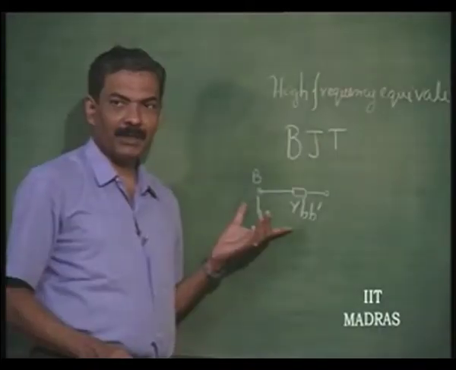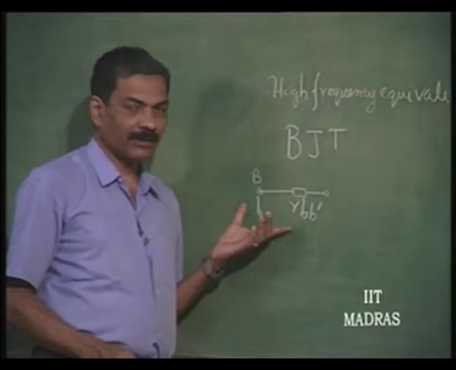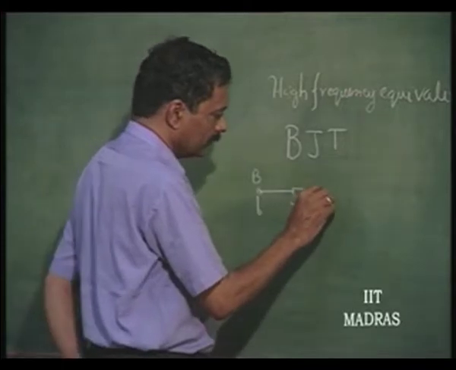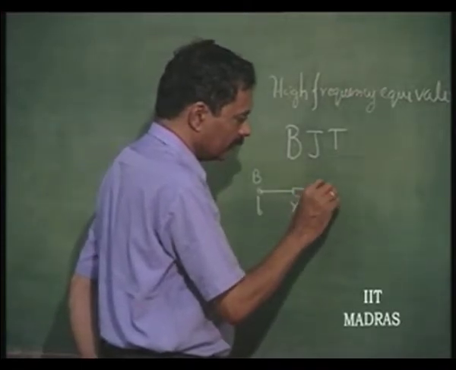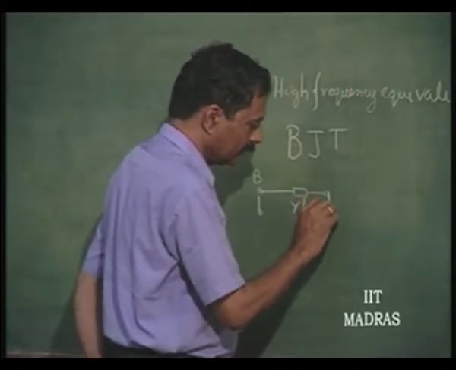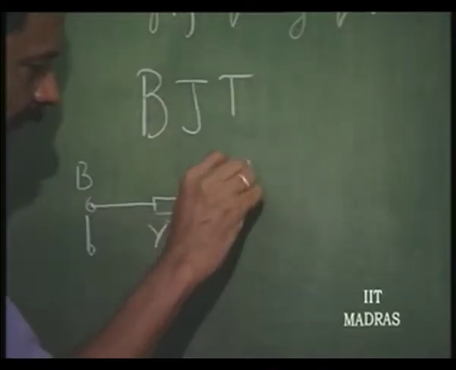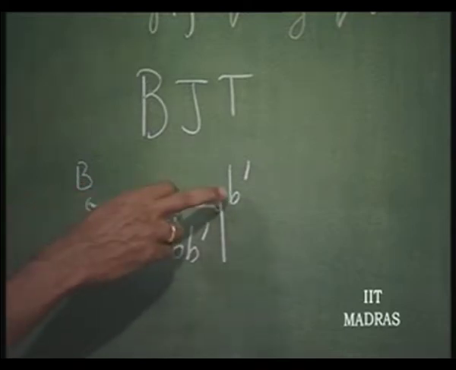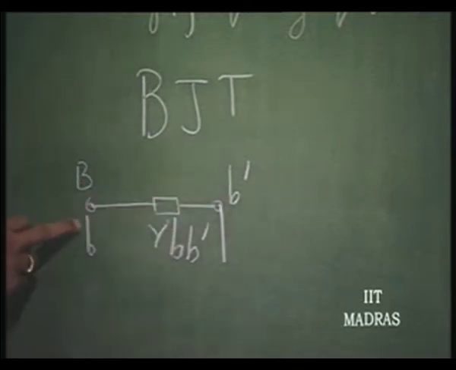This should be made as small as possible. This is of the order of few ohms, tens of ohms. And then we have the actual junction coming into picture, that is called B dash, because from the actual junction up to the base contact there is an ohmic resistance.